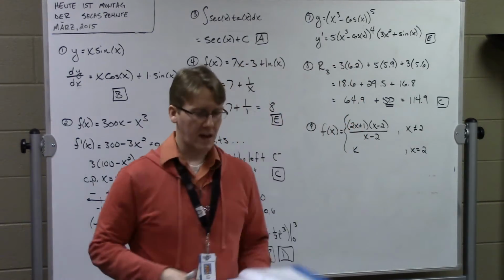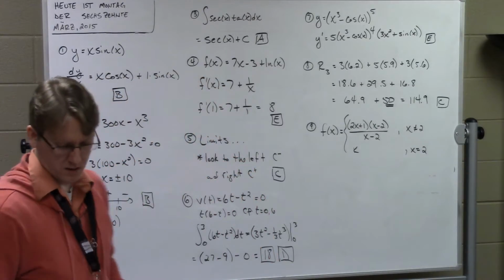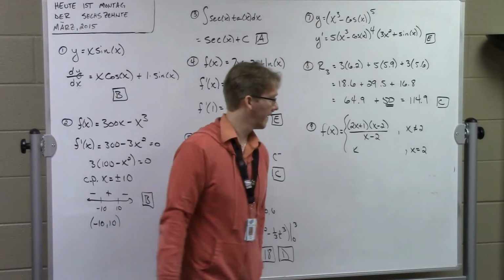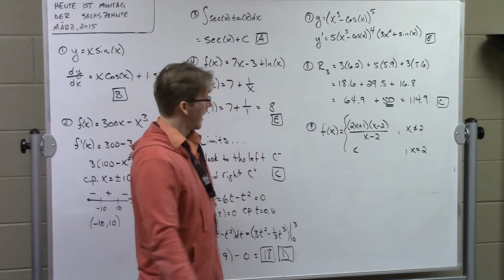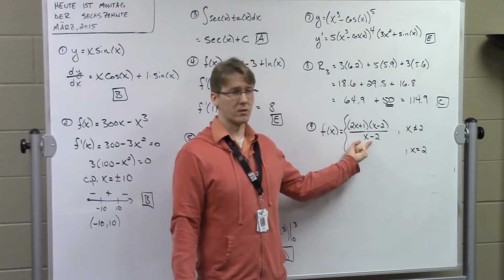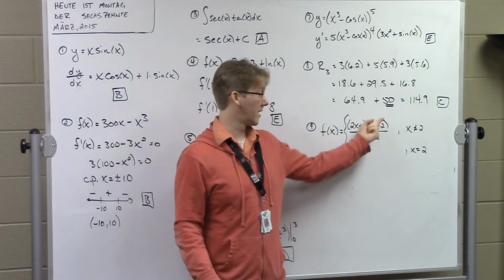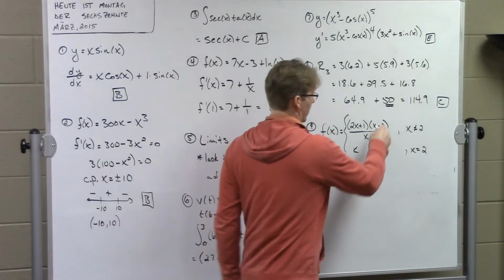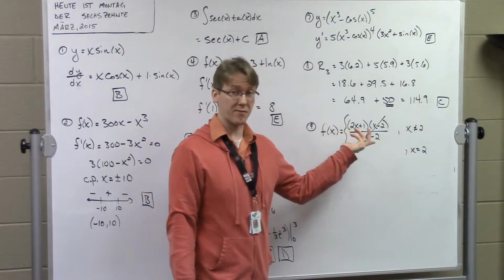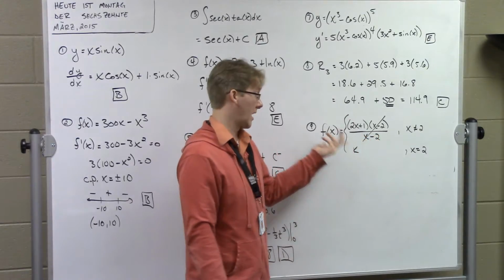For what value of k is this continuous? This was actually really easy. The only reason that 2 is a bad spot is because that would give you a 0 in the bottom. However, they've been kind enough to help you get rid of it. So if you were to do this and just remove that and now plug 2 in, you get 5. So the value of k is 5.